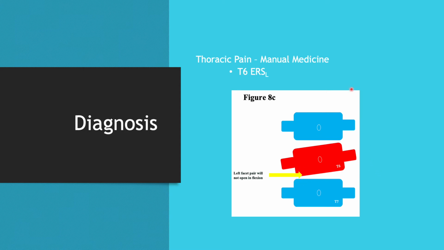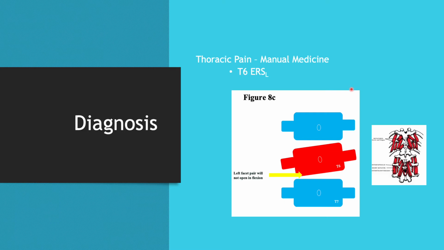A lot of people have asked, why does that happen? Well, these tiny little muscles, the intertransversarii and the interspinalis muscles, will spasm and lock shut, and they will not allow these facets to open. And that is what holds and maintains somatic dysfunction, according to Philip Greenman.